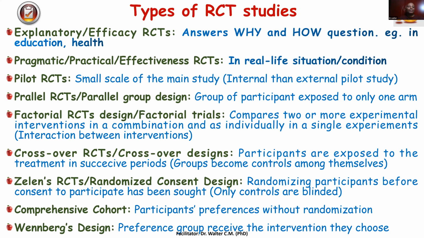You see? We have factorial randomized controlled trial, of which you can have two groups given the intervention of interest and one control group. So you can have one intervention group given treatment A, another intervention group given treatment B. So in factorial, you need to have another group which is going to be given treatments A and B, which is called the combined treatment group.